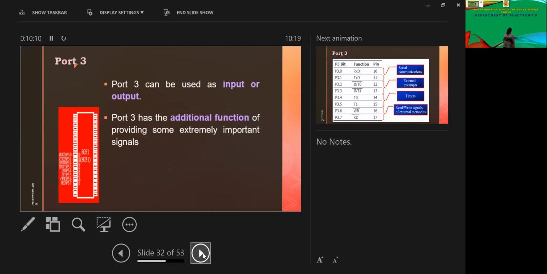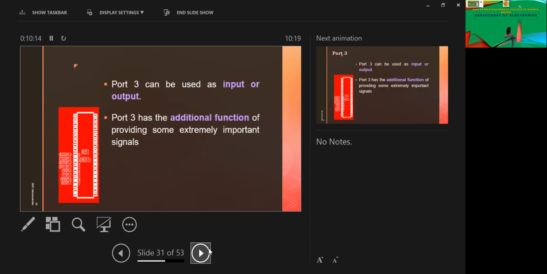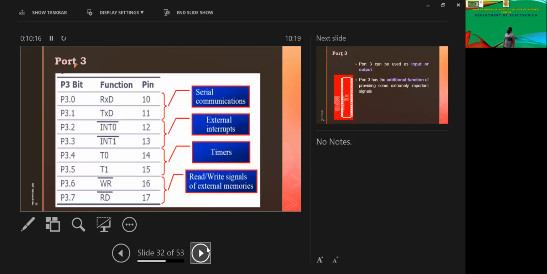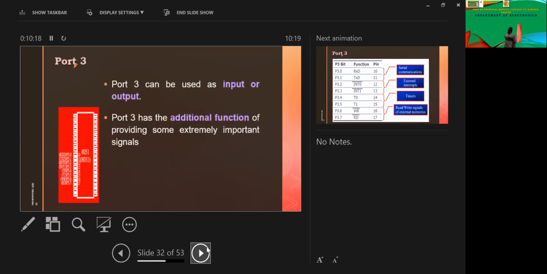Then port 3 can be used as a simple input or output port when it has been programmed. But port 3 has the additional function of providing some extremely important signals, which I have told you.